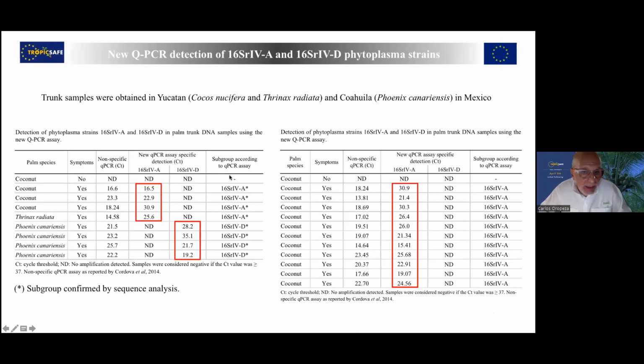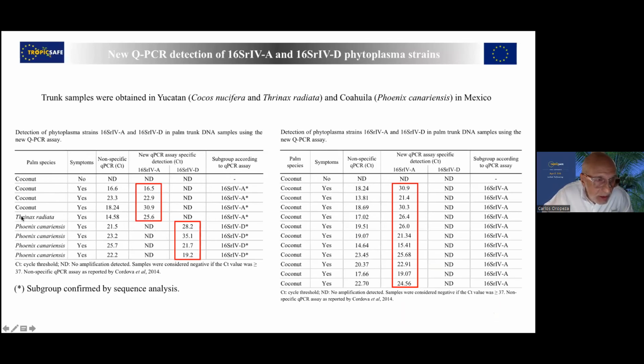Here, I'm showing you two sets of samples. In the first one, what we have is again A and D, depending particularly on the species.